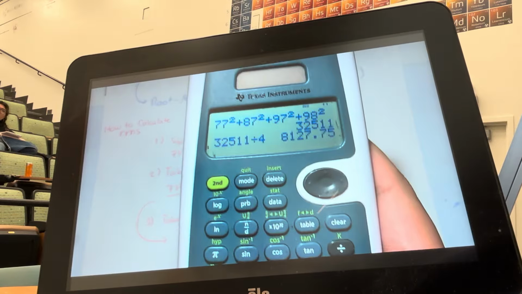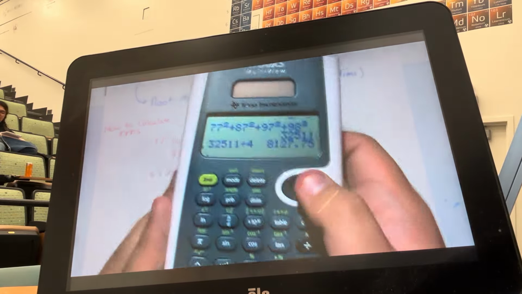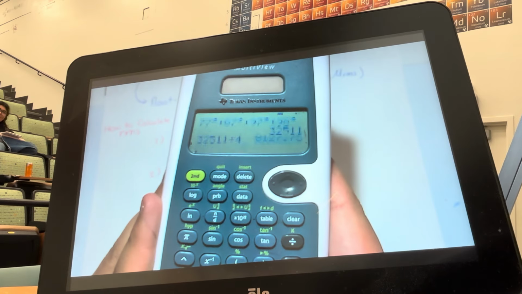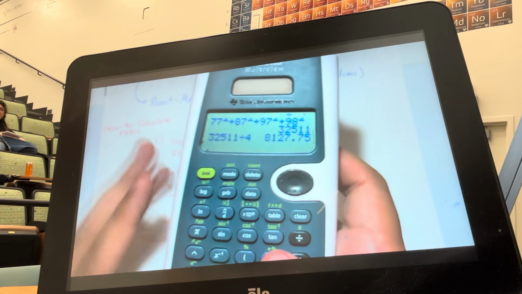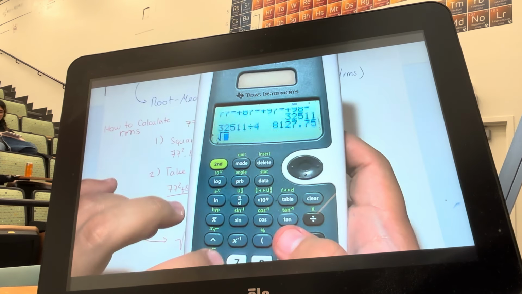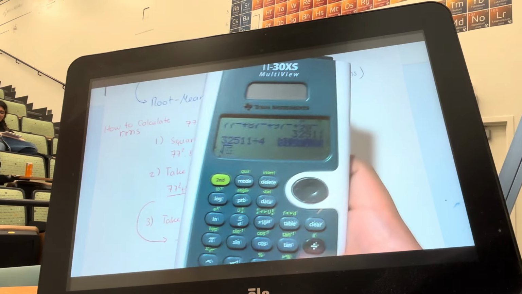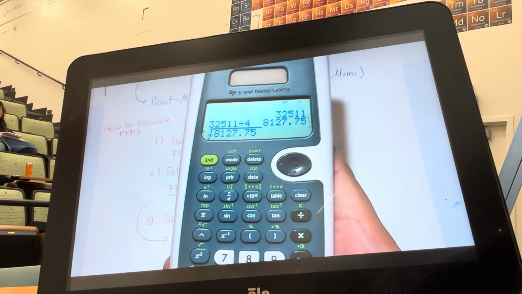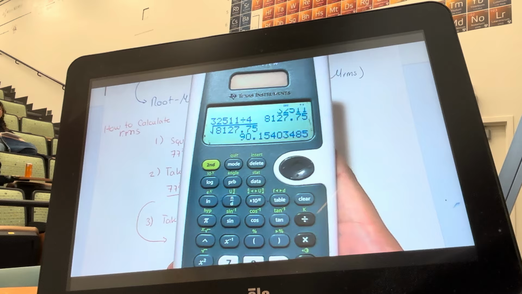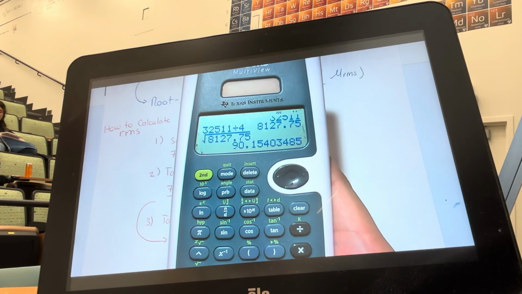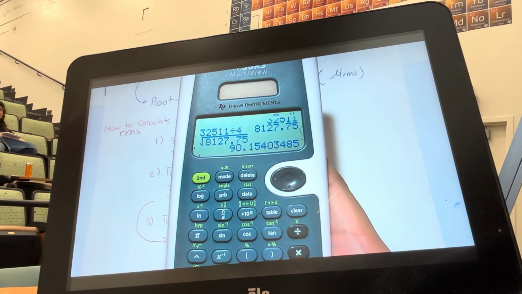And then I take the square root. I just click on this number, my answer. So the RMS of this is 90.15, 90.2.